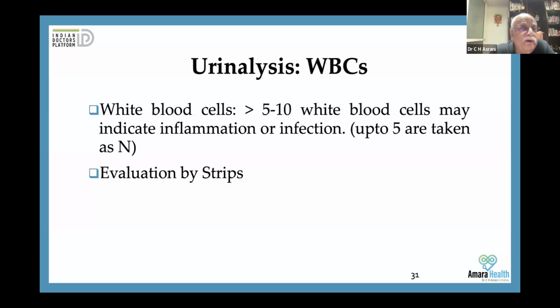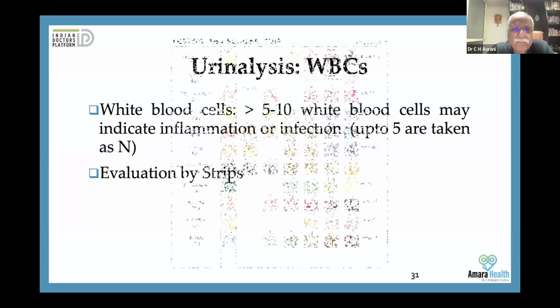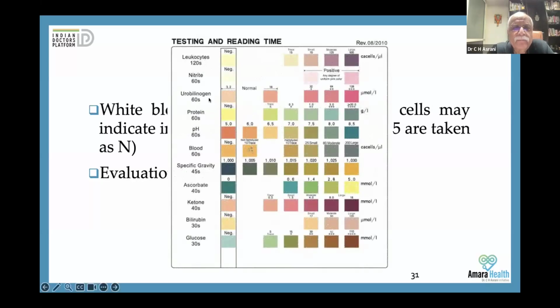Now, people who evaluate by strips, I just want to highlight the practical difficulty. Look at this strip. It has 3 and 3, 6 and 3, 9 and 2, 11 discs of different colors.